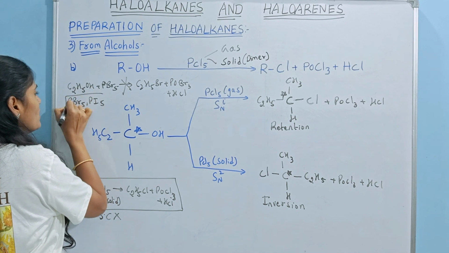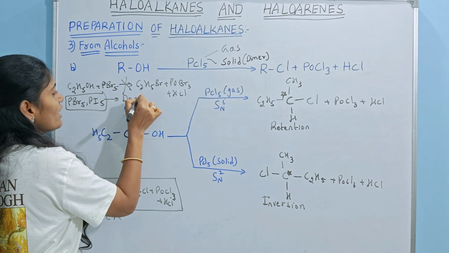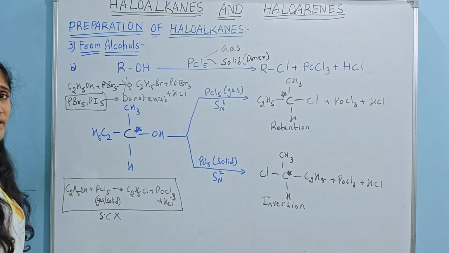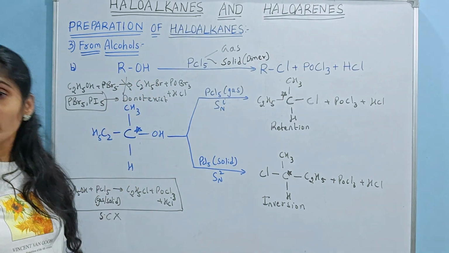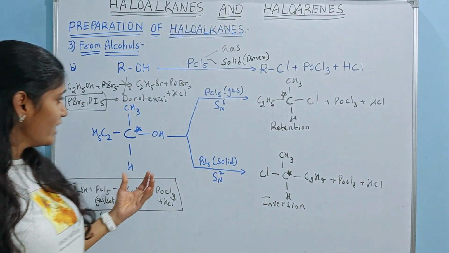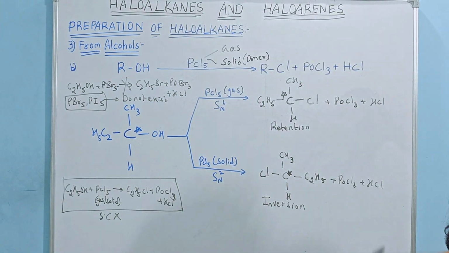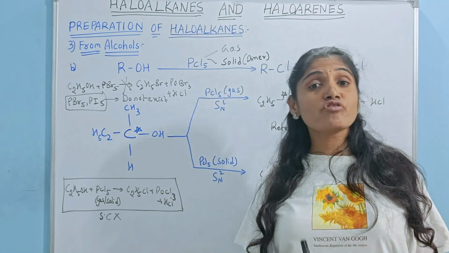PI5 do not exist. Because PBr5 and PI5 do not exist, there is no point of them reacting with C2H5OH and giving C2H5Br. Only PCl5 exists; PCl5 is a stable compound. So we are talking about the formation of retention or inversion because this compound exists in a stable form.